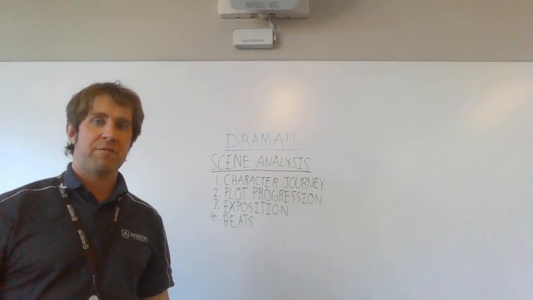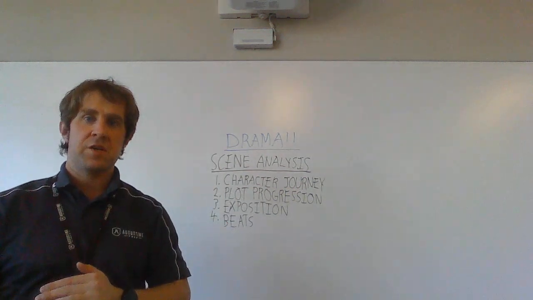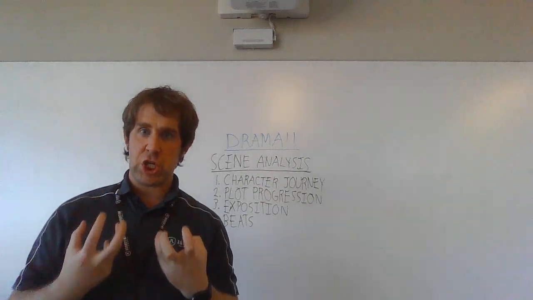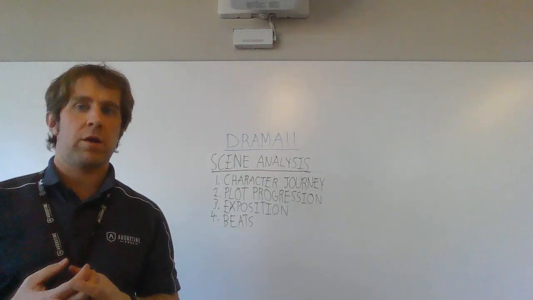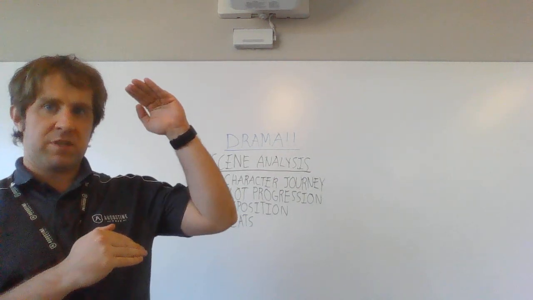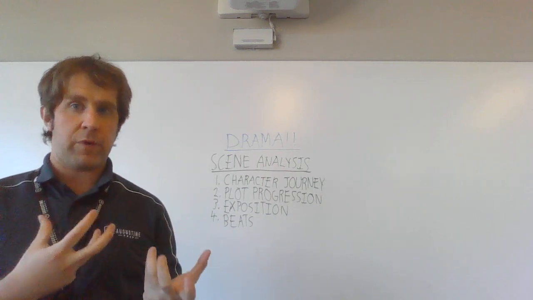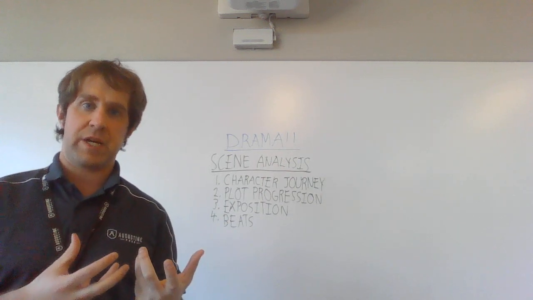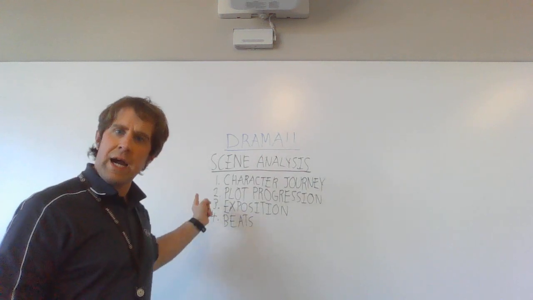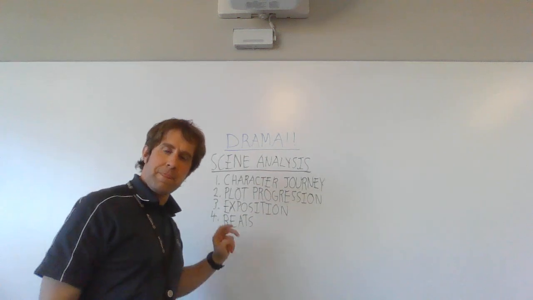Some scripts already have them, but we split up a scene into different parts so we can figure out where the emotions and feelings change, and also where the motivation changes. That helps us determine the beginning, the middle, and the end, and also picks apart how each character changes through a scene. So beats and a character journey are kind of related, so they can usually be the same.